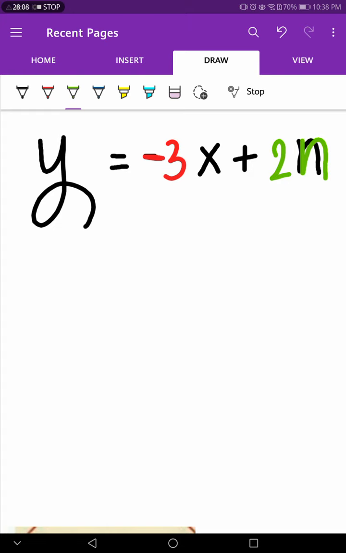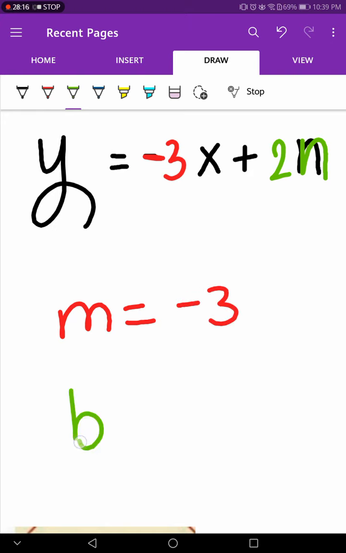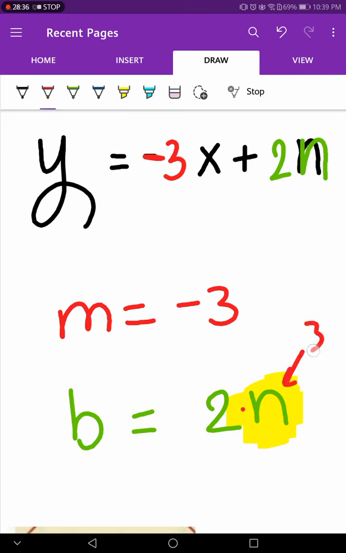So my dear student, m equals the number that sticks with the x, which is negative 3, and the b is 2n. And n here is any number, maybe 1, maybe 2, maybe 3, maybe 4. So if it is 2, the b will be 4. If the n is 3, so 3 times 2, b will equal 6, like this. So don't be scared, it is easy.